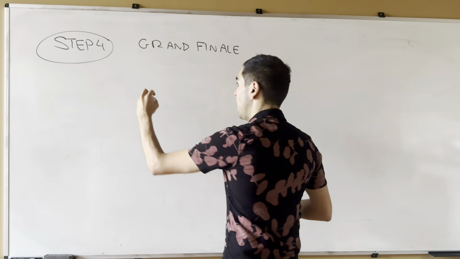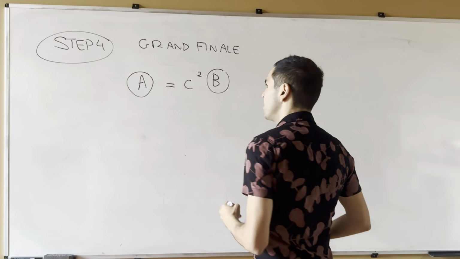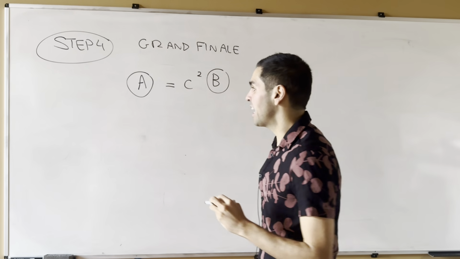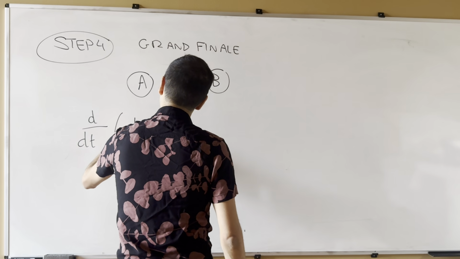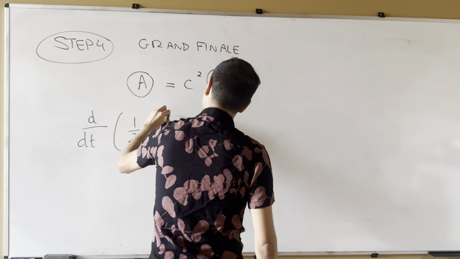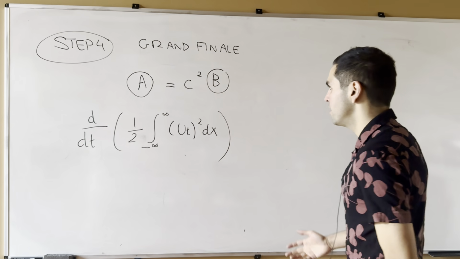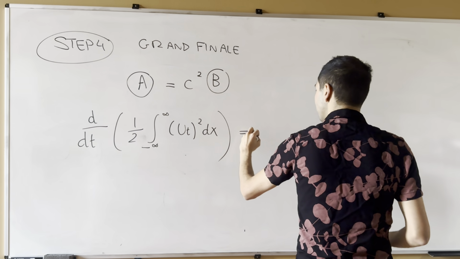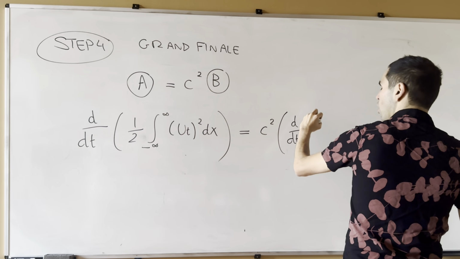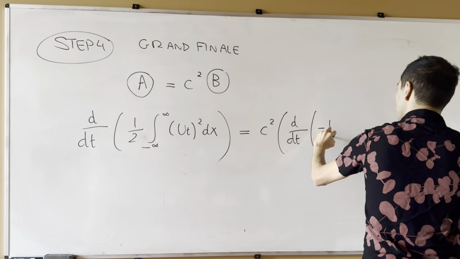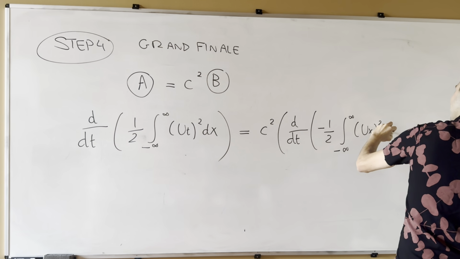Because what did we have? So A was c squared B. Now A we were able to write as a t derivative. In other words, we have d over dt 1/2 integral from minus infinity to infinity of ut squared dx. And same thing for B. So that was c squared and then d over dt of minus 1/2 integral from minus infinity to infinity of ux squared dx.